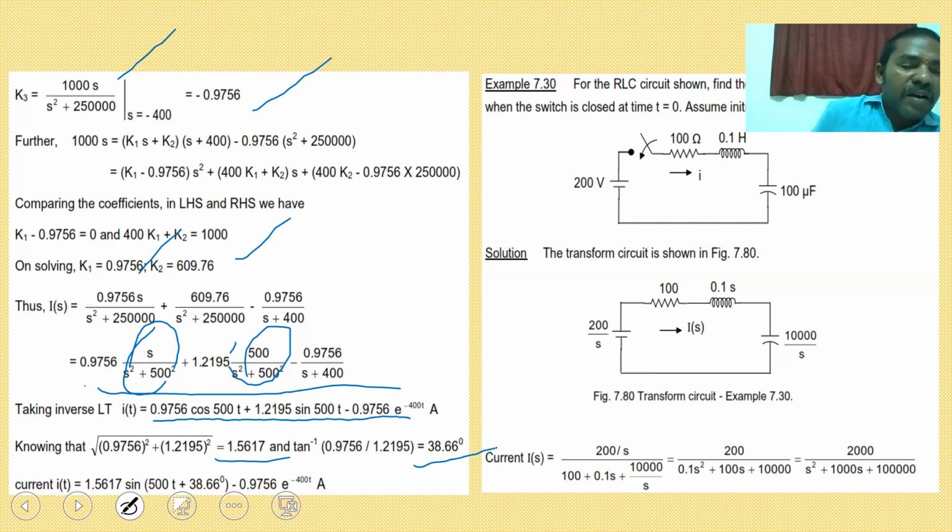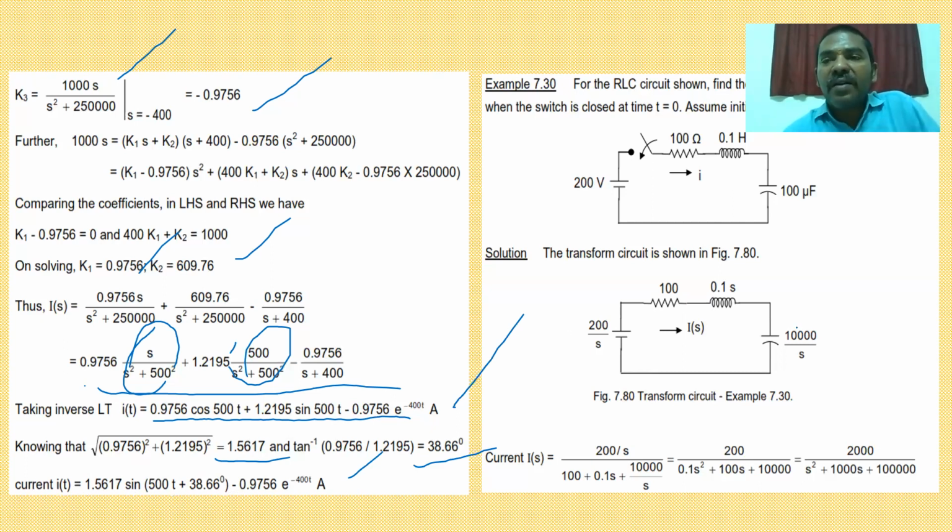Then combining the cos 500t plus sin 500t with the magnitudes, it is 1.5617 sin 500t plus 38.66 degrees minus 0.9756 e power minus 400t. So this equation is sufficient. Further, if you want to go for this equation also, there is no problem.